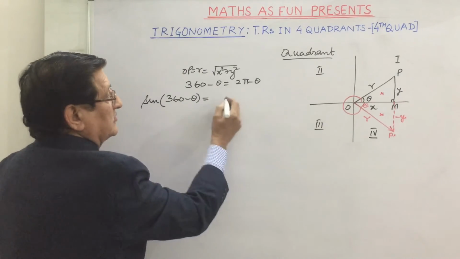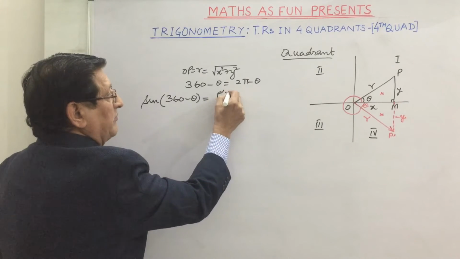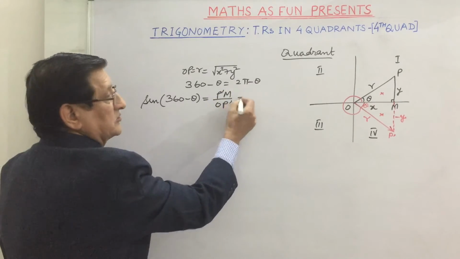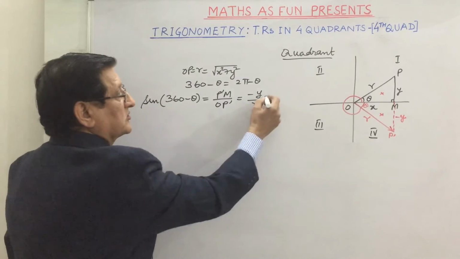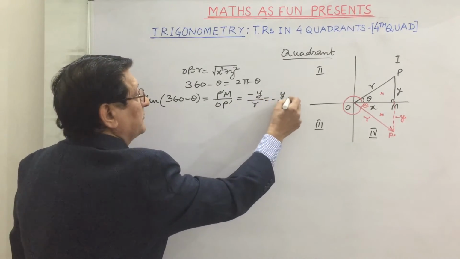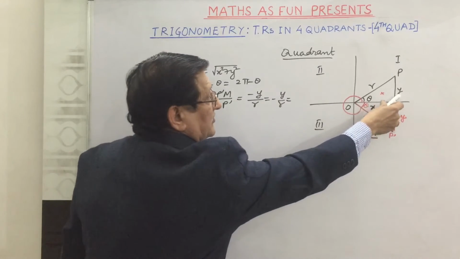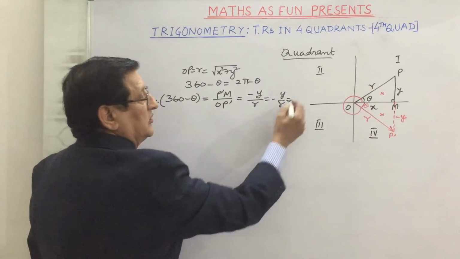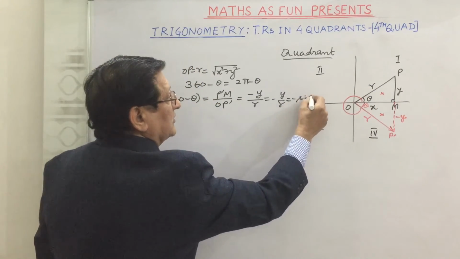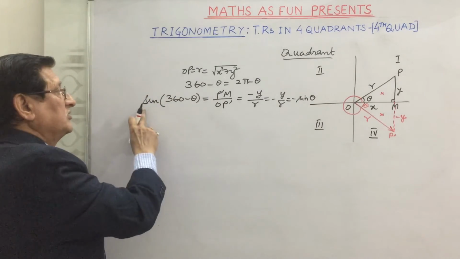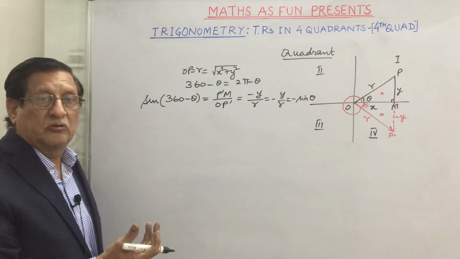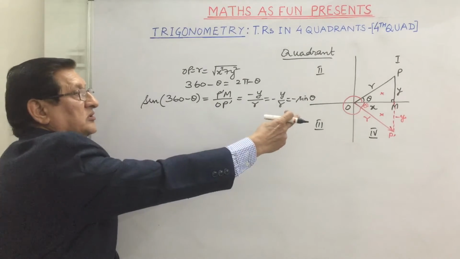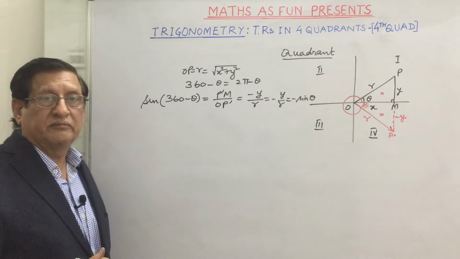Here it comes as P dash M upon OP dash, that is minus y upon r, which from here if we see y upon r is sine theta. So this comes as minus sine theta. So we are finding sine 360 minus theta becomes minus sine theta, or from the ASTC rule also we find in the fourth quadrant sine is negative.